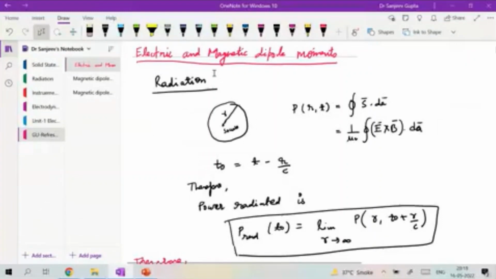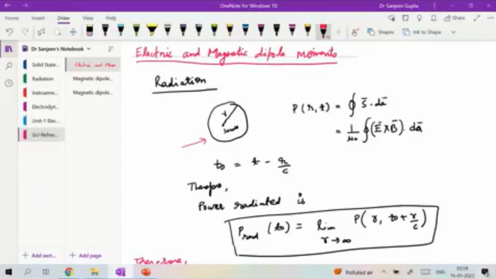We can say that if charges accelerate, their fields can transport energy irreversibly out to infinity. This picture indicates that, and this is what we are going to study.